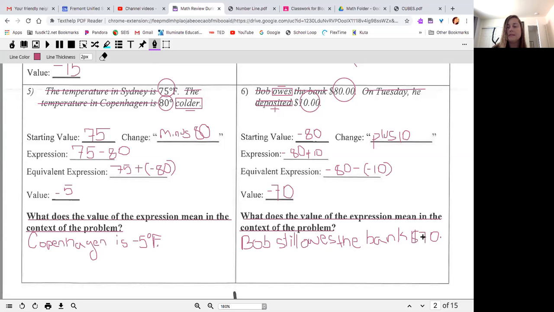I didn't put a minus sign in front of the 70 because owes is like the minus sign.